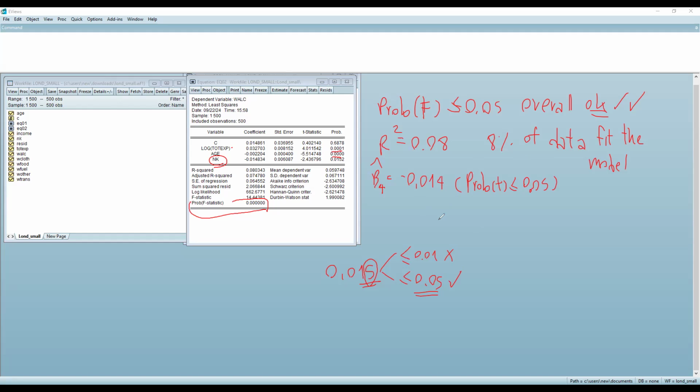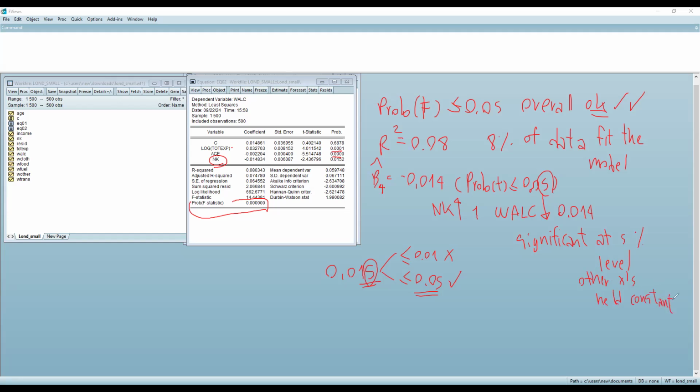This means if the number of children increases by 1, they will drink less alcohol, significant at the 5% level, other X constant.